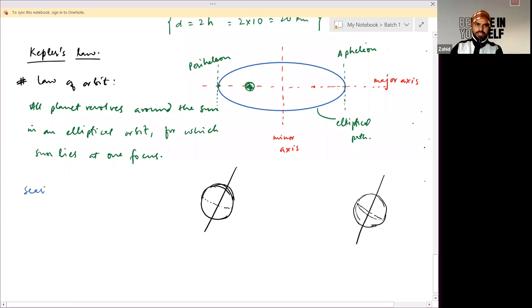So seasonal change on Earth will be due to distance from the sun as well as the orientation of the axis of rotation.